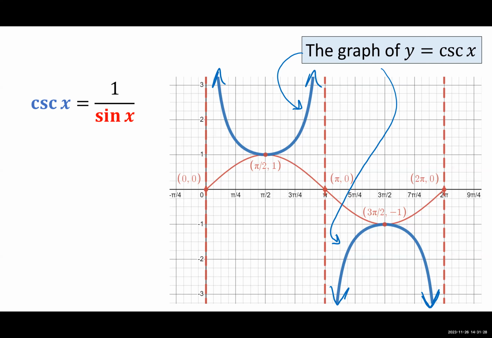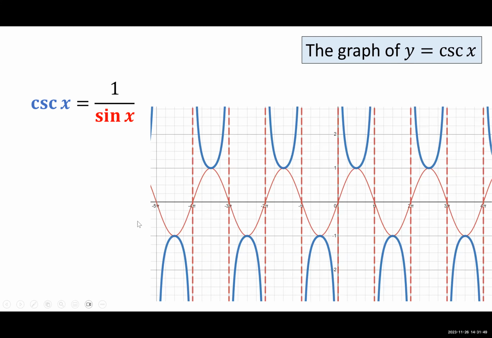All right, so if we're going to graph the cosecant function, it makes sense to use this relationship with the sine function. To graph a cosecant function, 90% of the work is graphing a sine function.